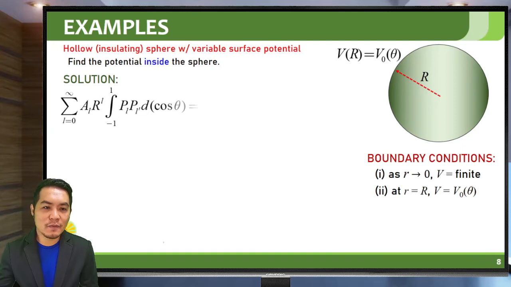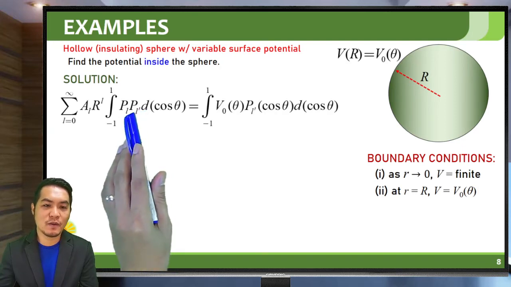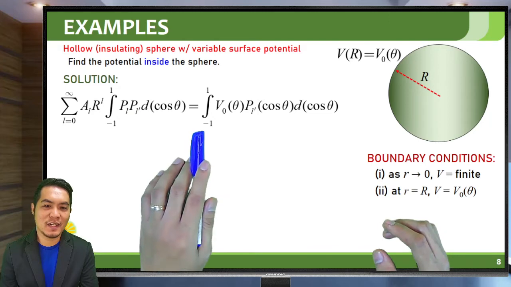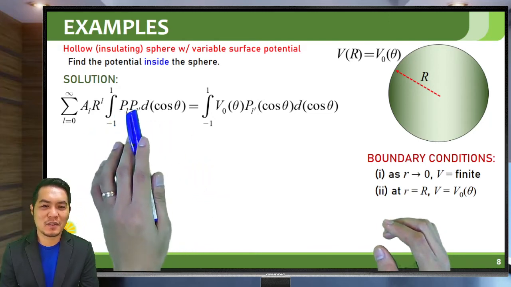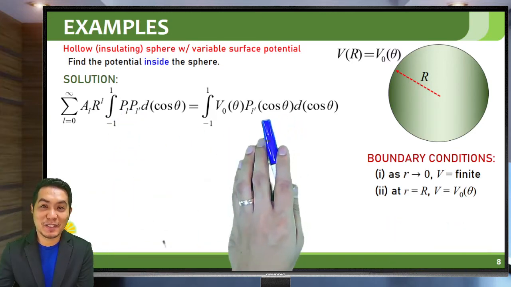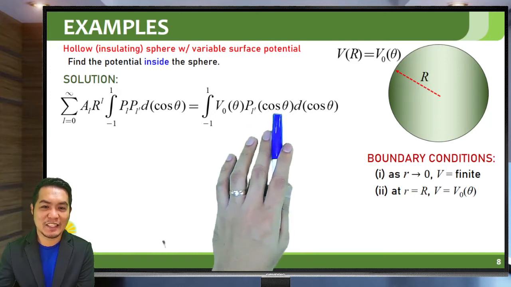So we multiply both sides by P_L prime of cosine theta. I just removed the function of cosine theta here for both P_L so that our equation will be simplified, but actually you can write P_L cosine theta, P_L prime cosine theta here. I didn't remove the cosine theta just to emphasize that P_L is a function of cosine theta.